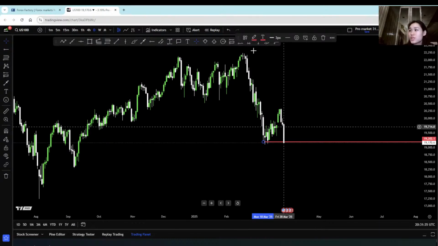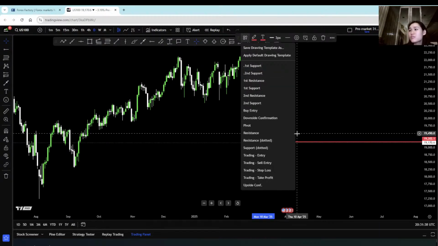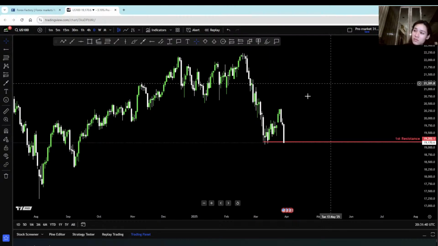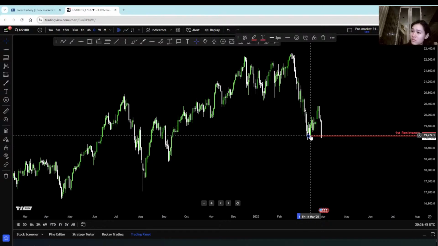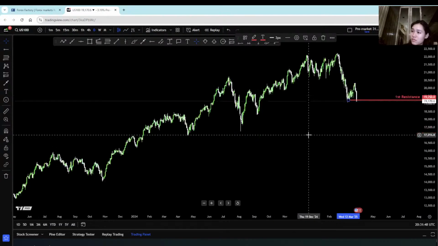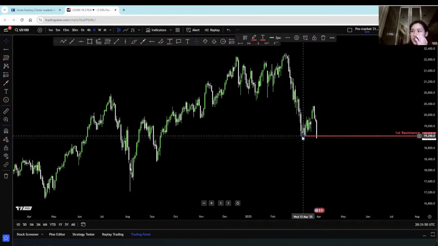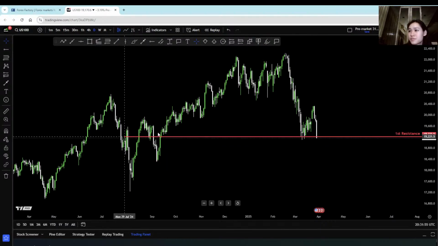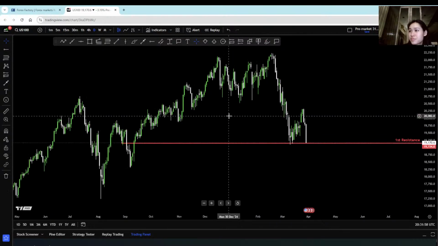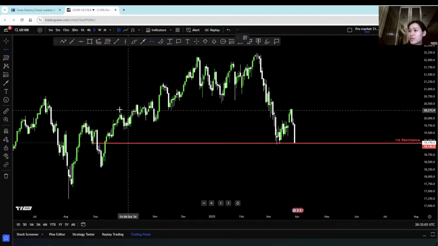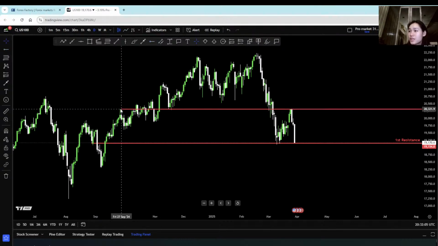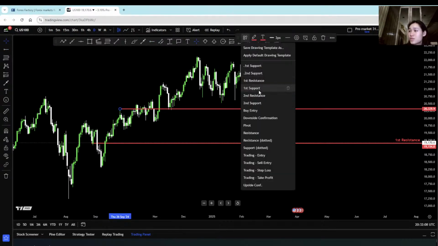Okay, so here's my, I guess, I'll just label it as a first resistance for now. And a swing high here. So this is my second resistance.